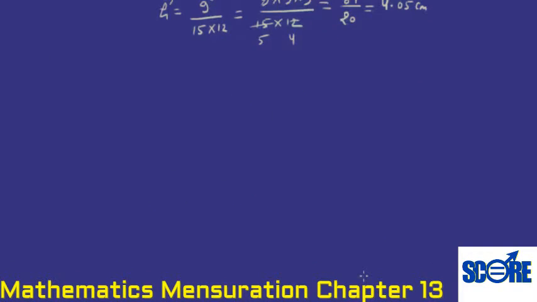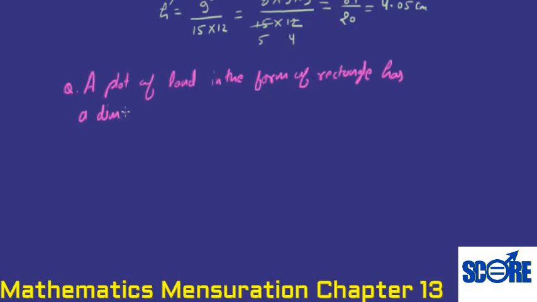Now we move to the next question. A plot of land in the form of a rectangle has a dimension 40 meter by 20 meter.